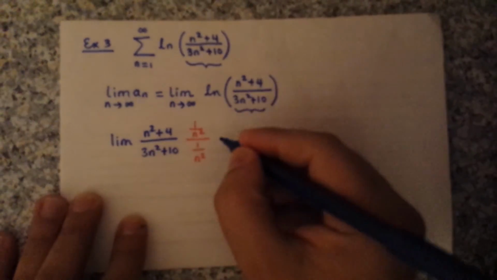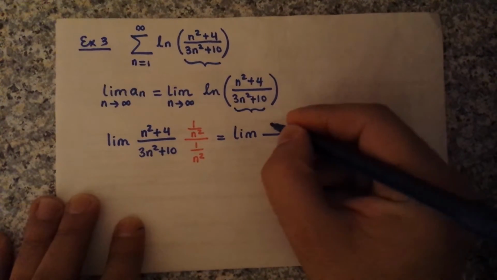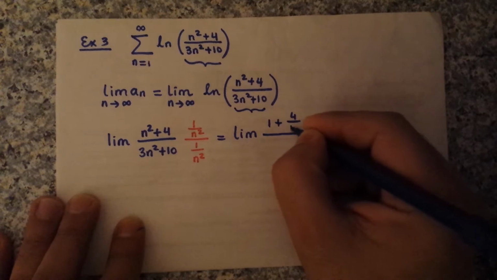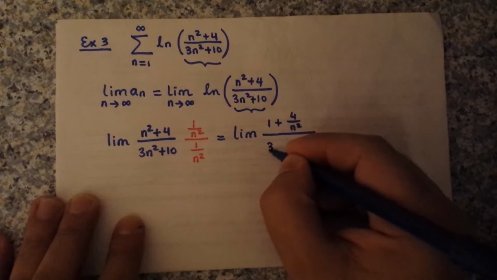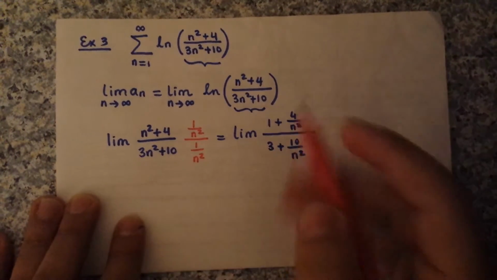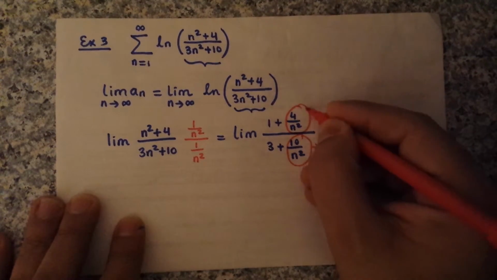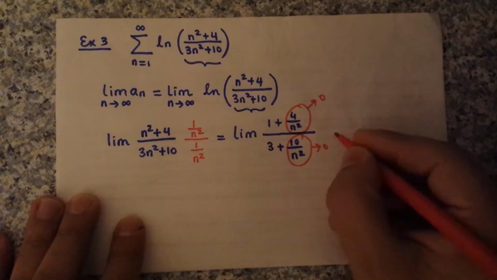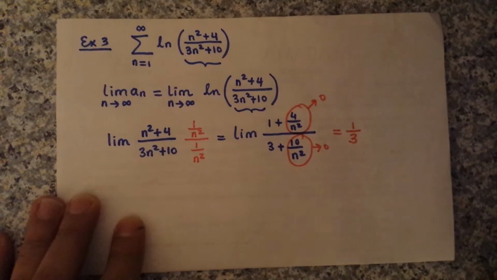Then the limit will be 1 plus 4 over n squared at the top, and 3 plus 10 over n squared at the bottom. This one goes to 0 and that one goes to 0. So this limit will be 1 over 3, which is not 0.